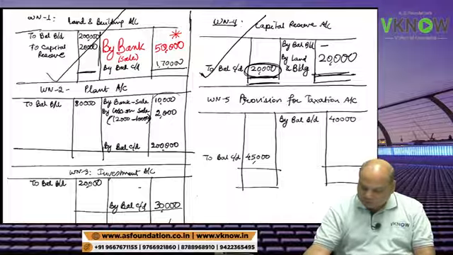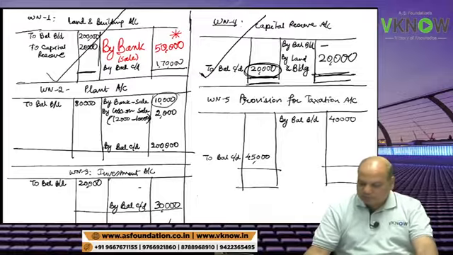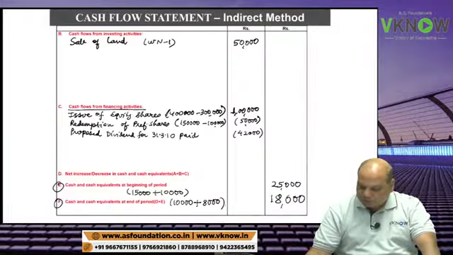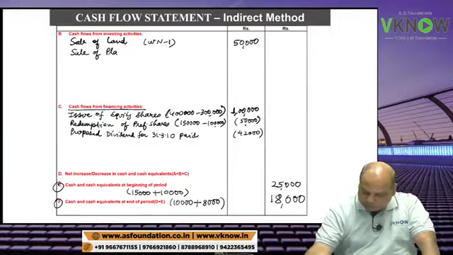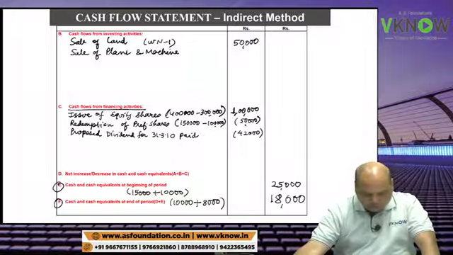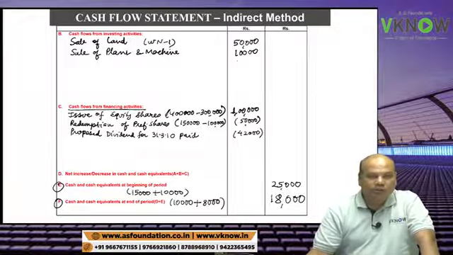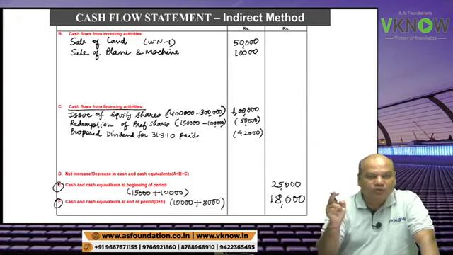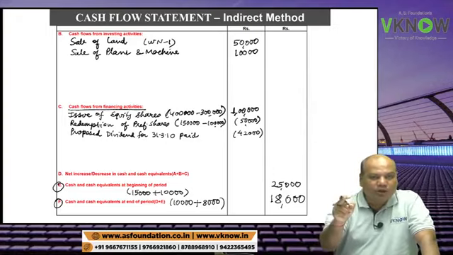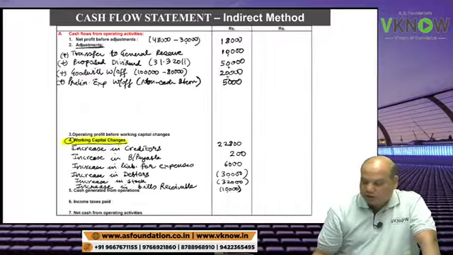So first I will give the effect of sale of plant. Sale of plant and machinery in investing activity, 10,000. Loss on sale of machine is debited to P&L account, is a non-cash item.